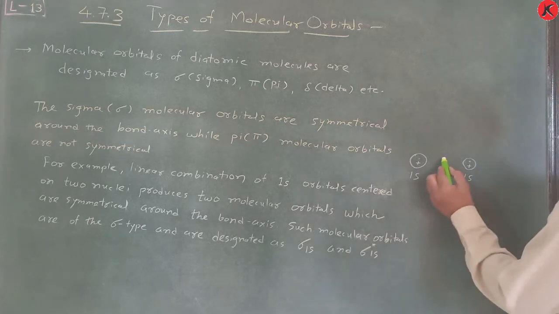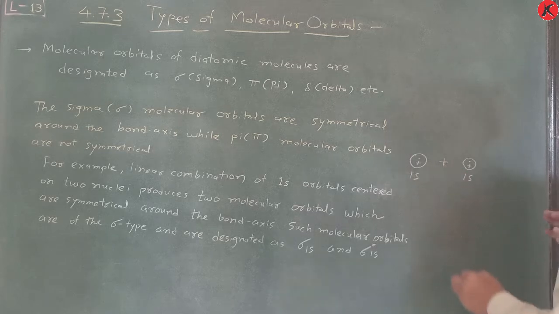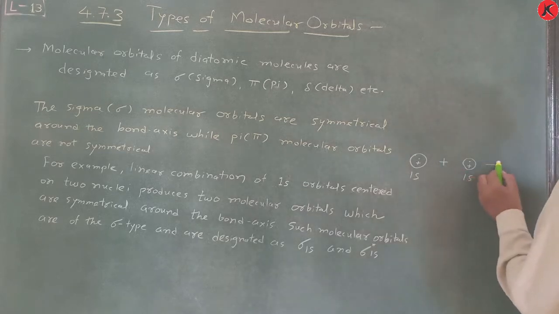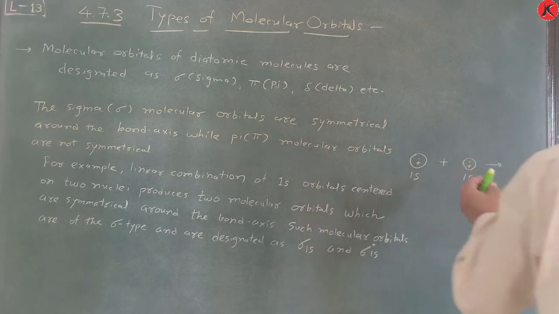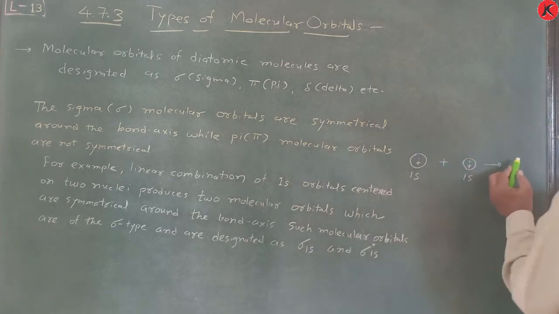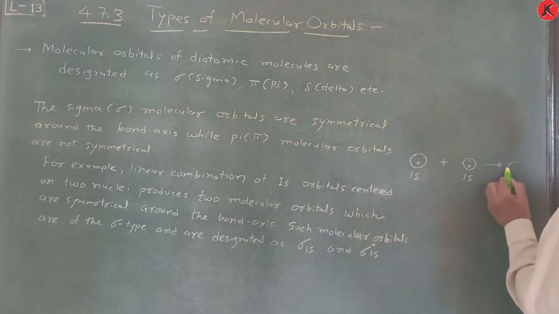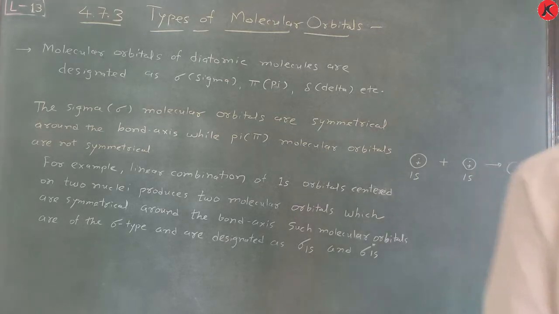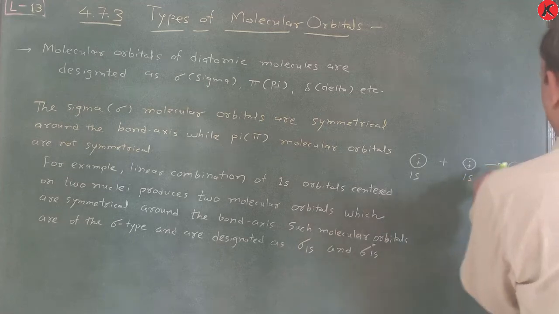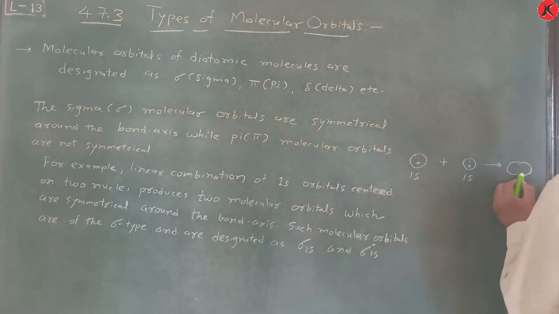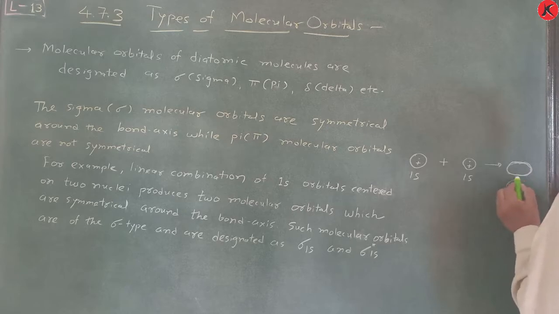And a 1s orbital is there. If we combine them, if we take this overlapping at a time, this type of overlapping is obtained. This type of orbital is obtained, which is considered as sigma 1s bonding.